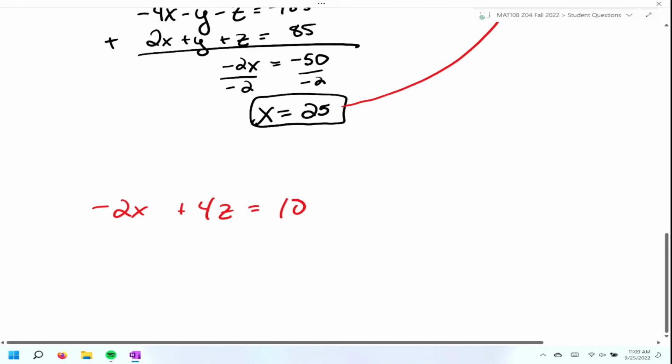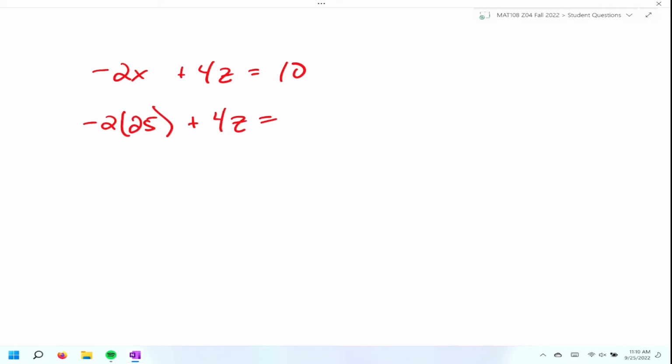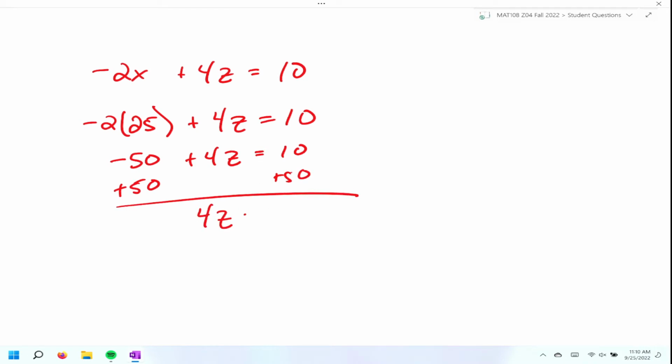Yeah, it's 10. Now we know x was 25. So now -2 times 25 is -50 plus 4z equals 10. I will add 50 to both sides to give me 4z equals 60. And then divide both sides by 4 to give me z equals 15.